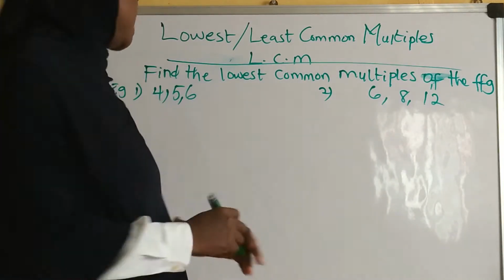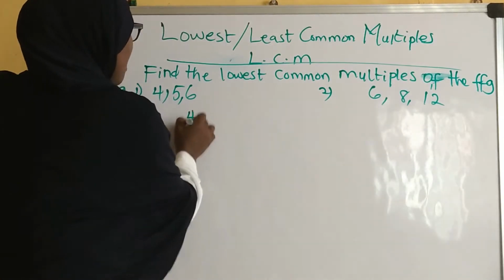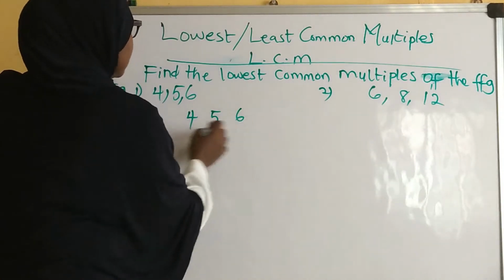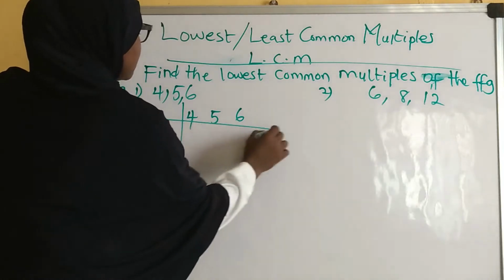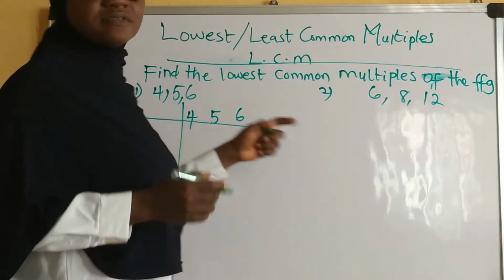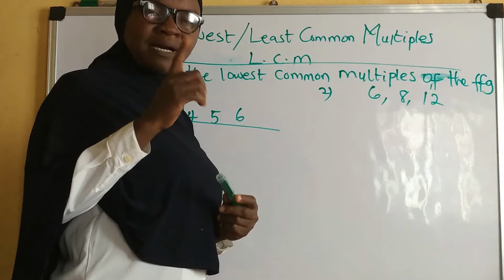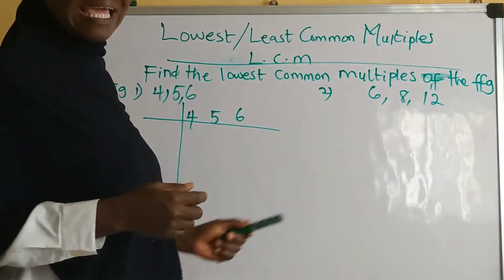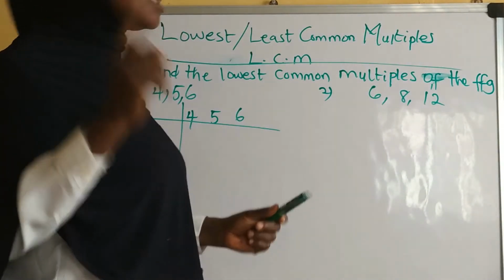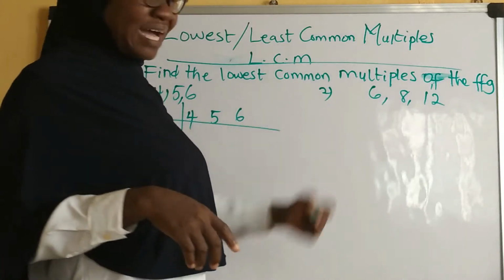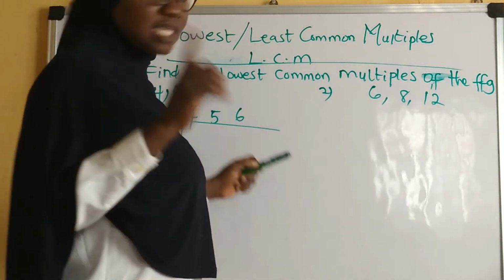So this is what we do. We bring out our 4, 5, and then 6. You look at 4, 5, 6, and ask yourself, what number can divide any one of them? That number does not necessarily have to divide all 3 of them across, but at least it should divide 1 successfully among the 3.